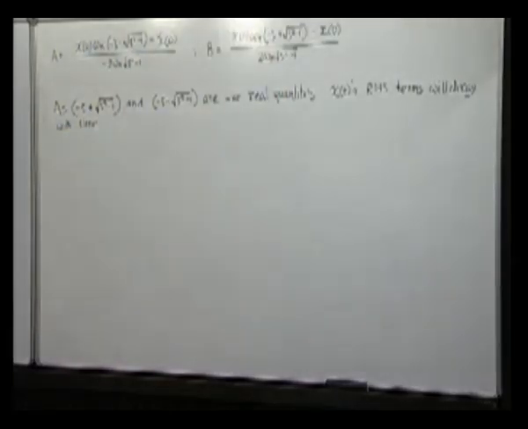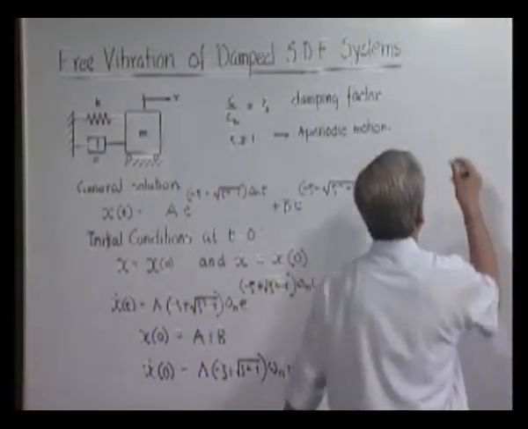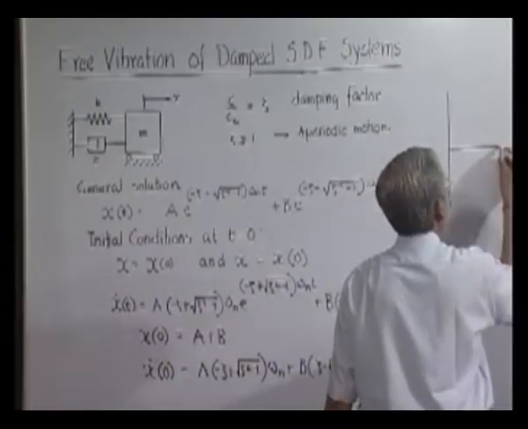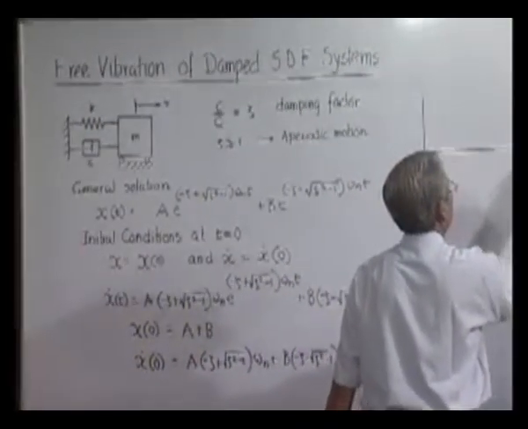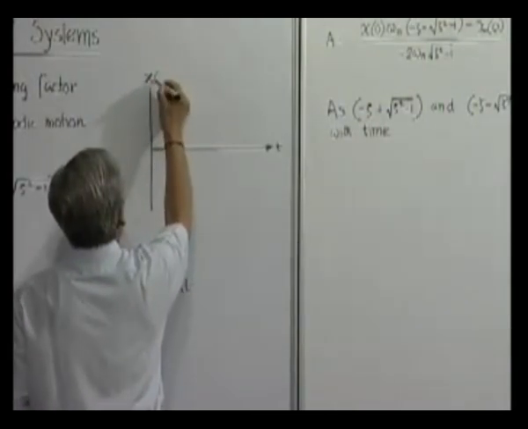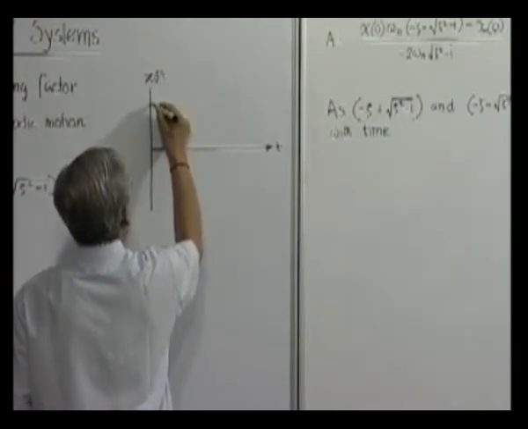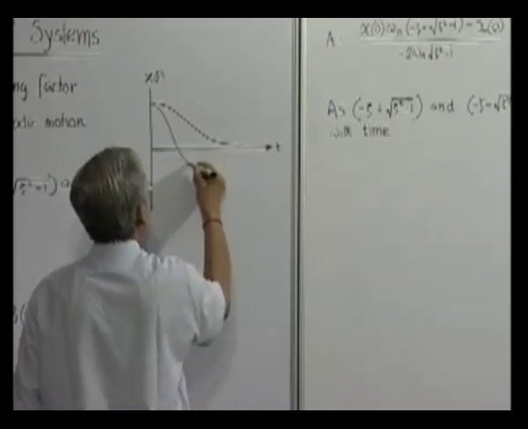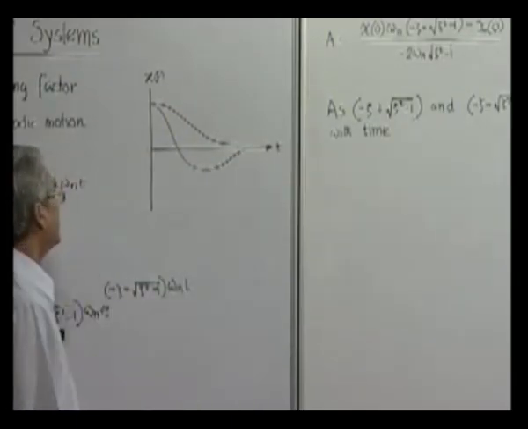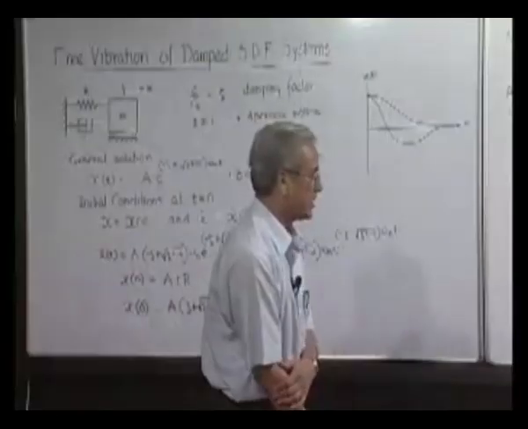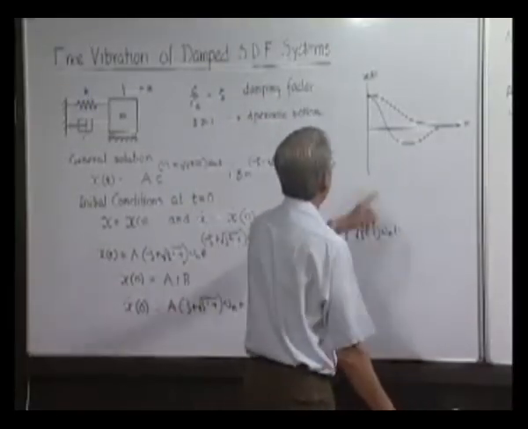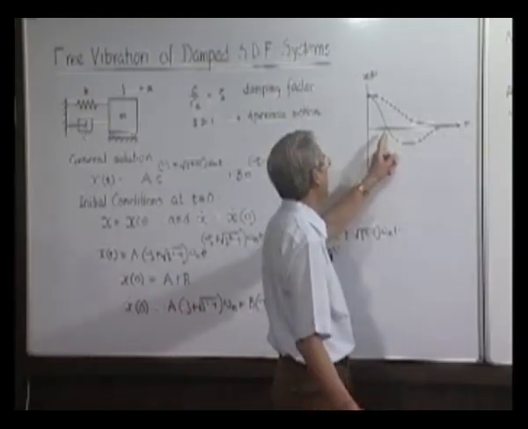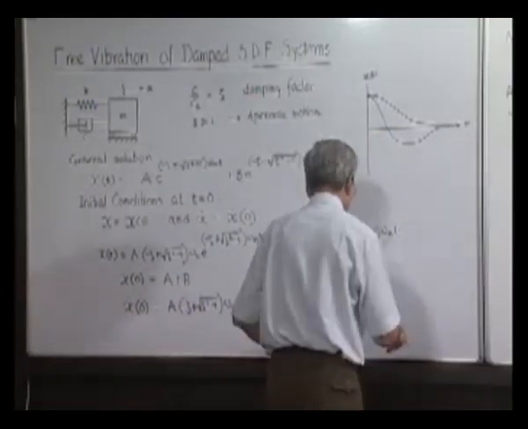Now, our question is, when it decays, when t tends to infinity, will it decay like this or will it decay like this? That is something which is of interest. That means whether there is any real positive value of t for which x(t) is 0.